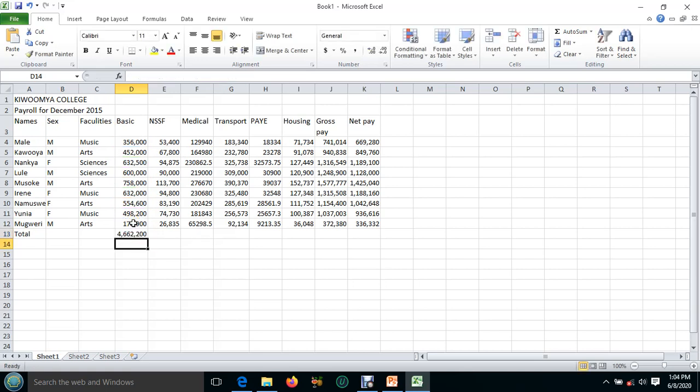Then you copy for the rest of the items, NSSF, medical. This time we are copying horizontally, so you drag it horizontally.